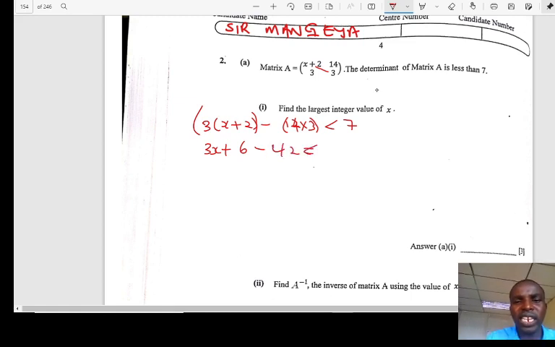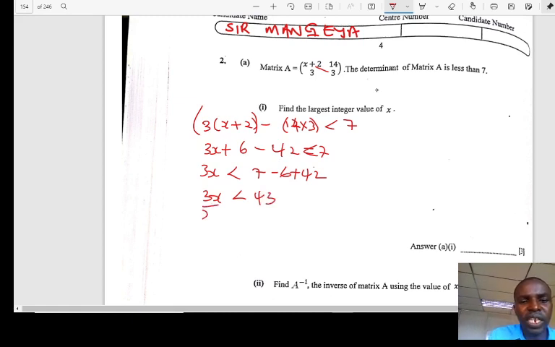Less than 7. Then it will be 3x less than 7 minus 6 plus 42. What do you get? You get 43.